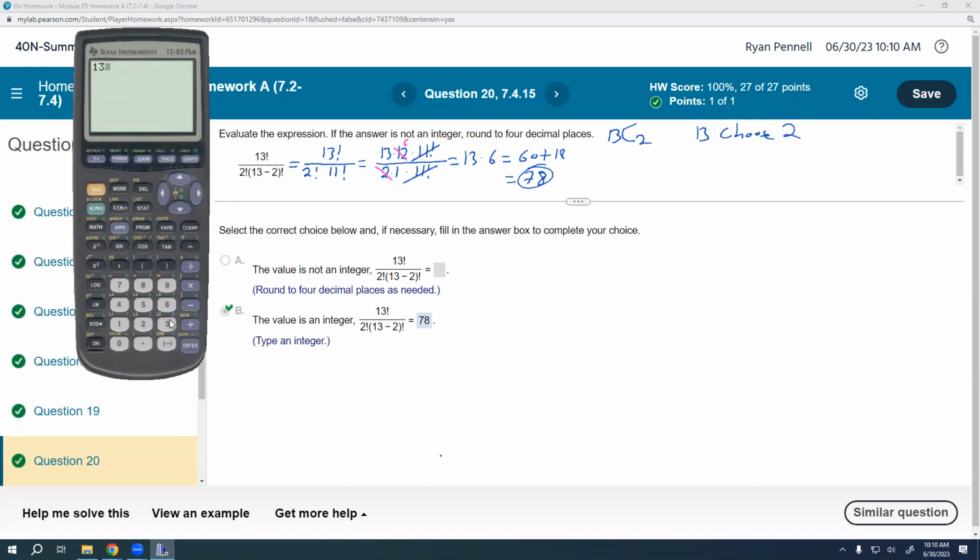I want 13. No. So let's go back to math, probability, and choose nCr. 13 choose 2 and 78. So you can do that in your calculator. And that's really helpful, especially if we have many different combinations that we need to add and multiply with.